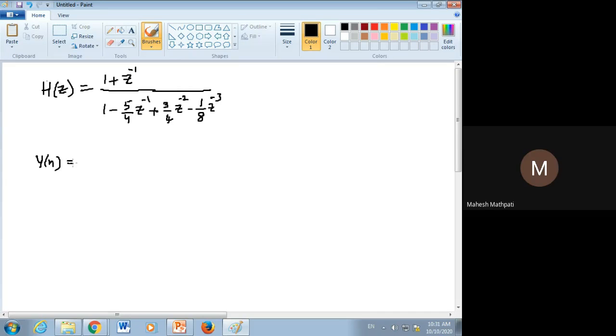Yes, anybody has got the answer for y of n? Y of n equals x of n plus x of n minus 1 plus 5 by 4 y of n minus 1 minus 3 by 4 y of n minus 2 plus 1 by 8 y of n minus 3.